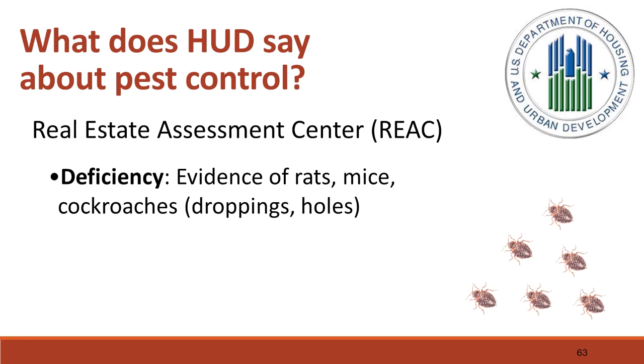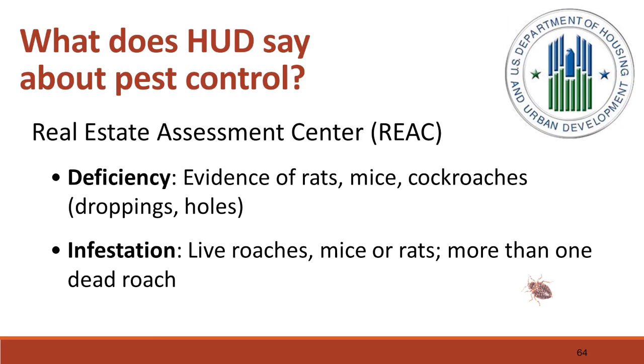Evidence may be in the form of pest droppings or entry holes. REAC inspectors consider the presence of live roaches, mice, or rats, or more than one dead roach to be more serious and calls this an infestation. We'll talk more about this when we get to the specific module for each pest.